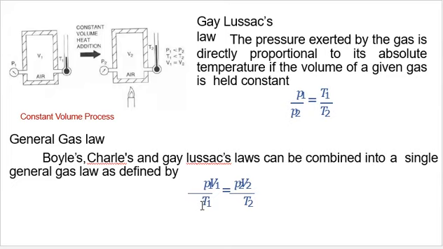For example, if T1 equals T2, the general gas law reduces to P1 V1 equals P2 V2, which is Boyle's law. So the general gas law is used for any kind of hydraulic as well as pneumatic components, or in the case of accumulators.